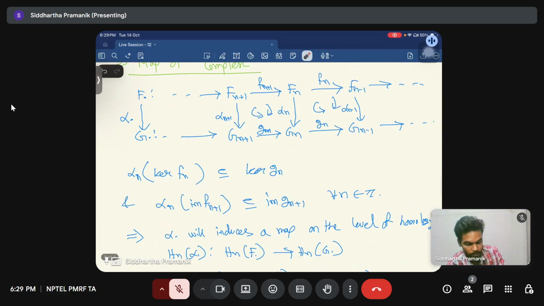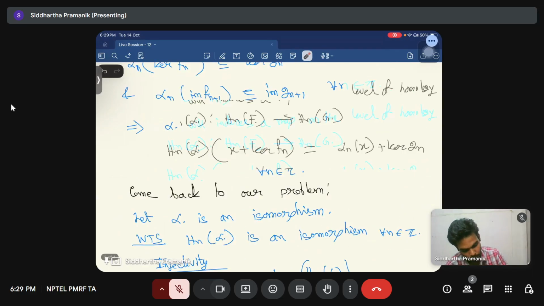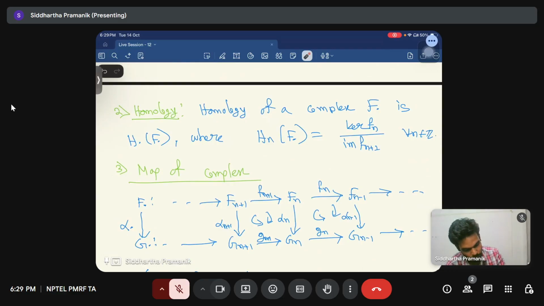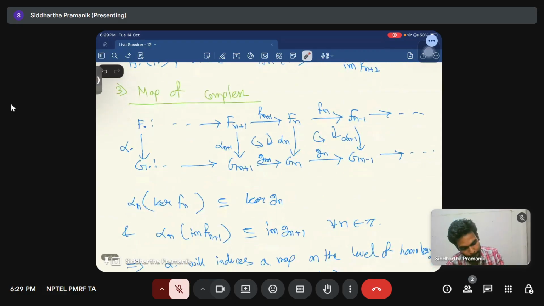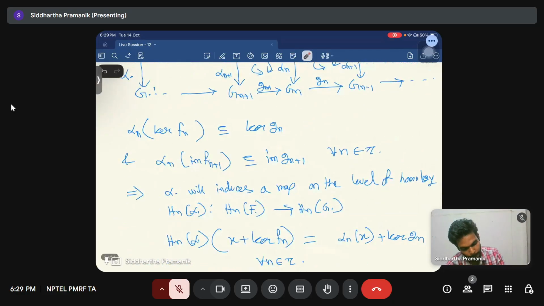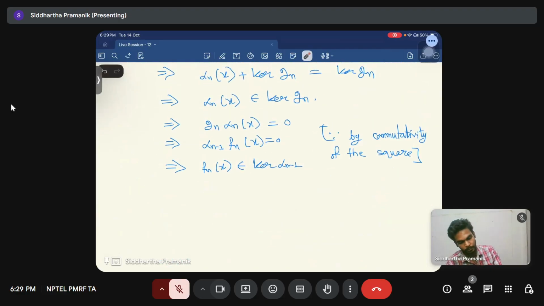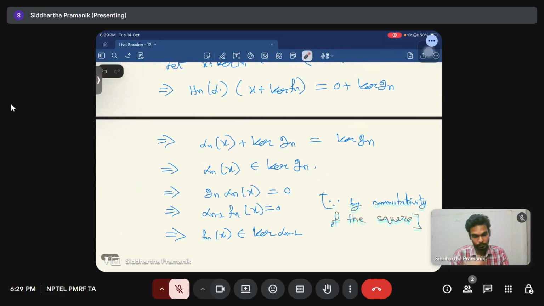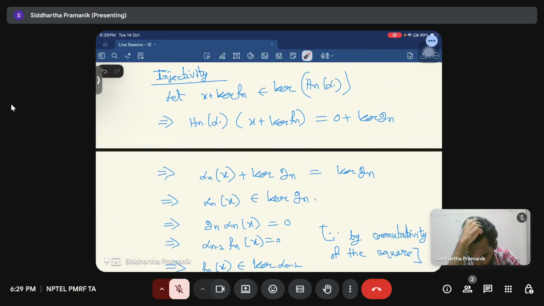Alpha n minus 1 composed with fn. So gn composed with alpha n is 0. Okay, so x plus kernel of fn belongs to the kernel of this.